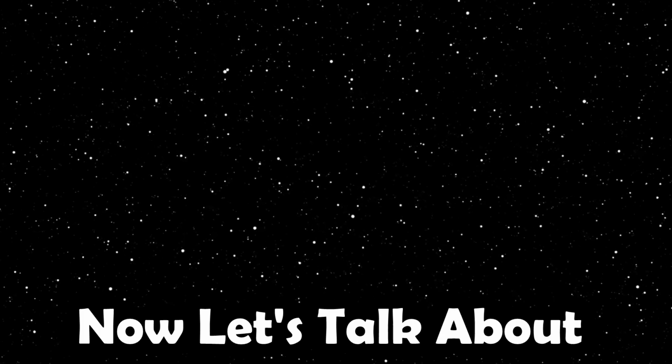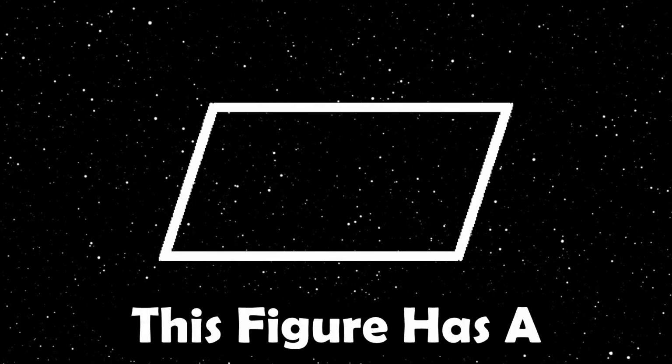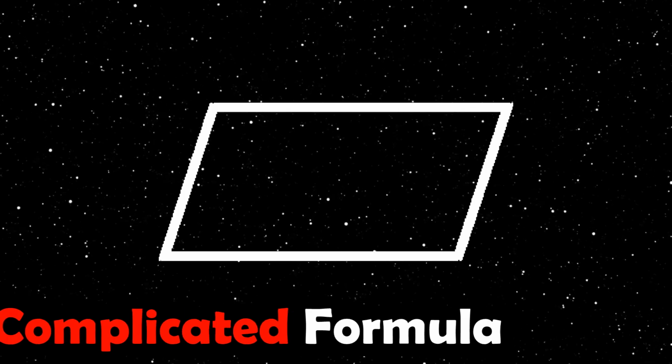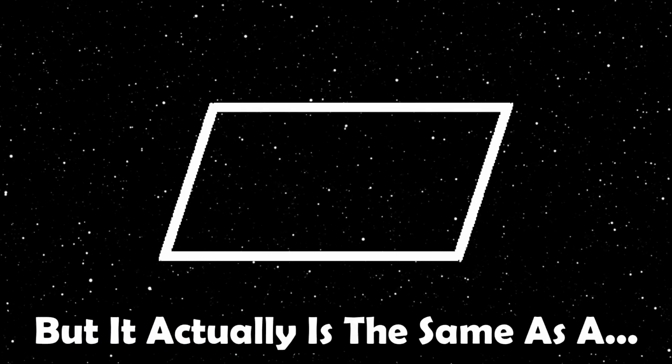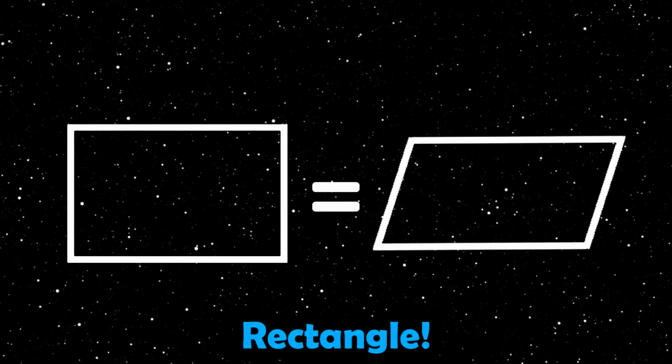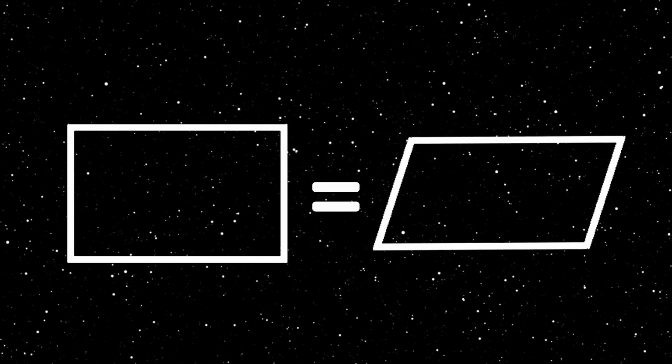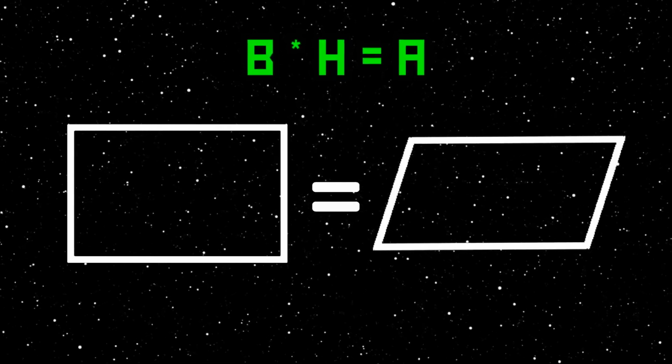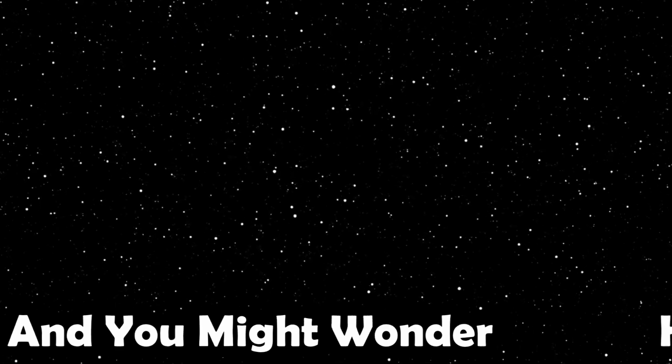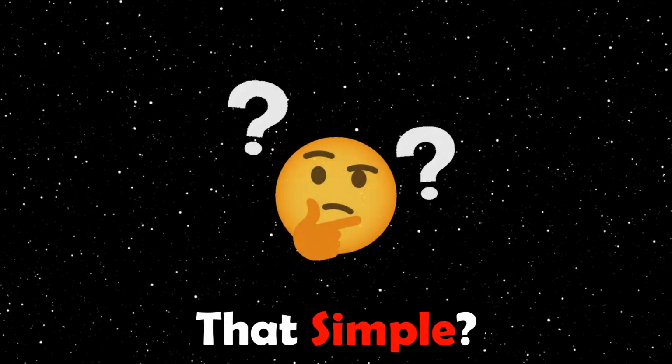Now let's talk about the parallelogram. You might think that this figure has a complicated formula to solve it. But it actually is the same as a rectangle, with the formula being the base times height. And you might wonder how the formula can be that simple. Well, if we look at the parallelogram, we can see that this section is what the left side section is missing.